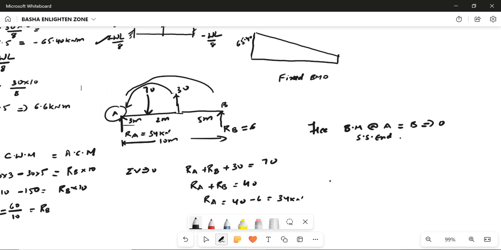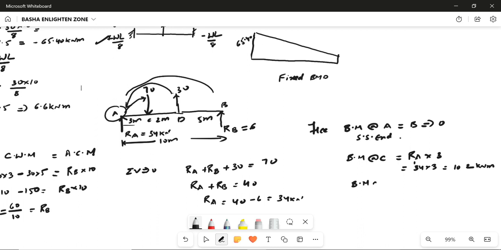If you want the moment in this span at C and D, the bending moment at C will be equal to this, acting clockwise towards A, RA into 3. So that will be 34 into 3, which gives 102 kilonewton meter.